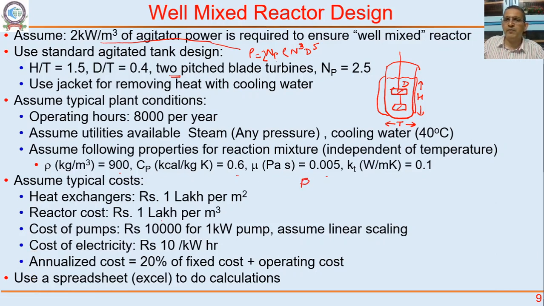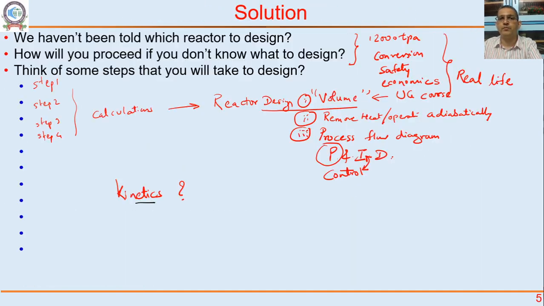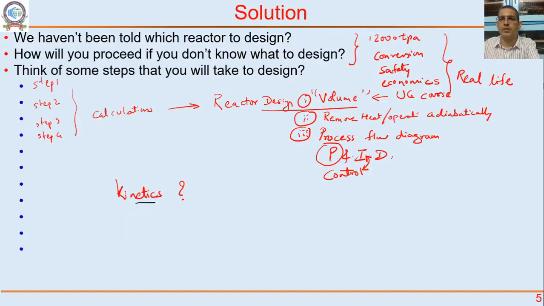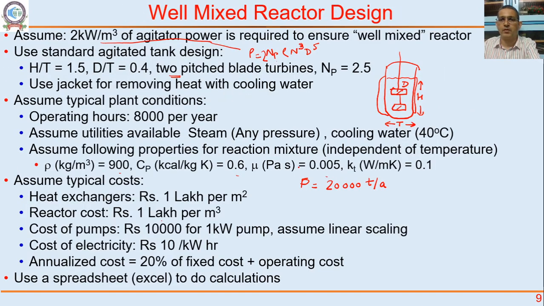So how much P do we want to make? 12,000 tons per annum. That's our objective.